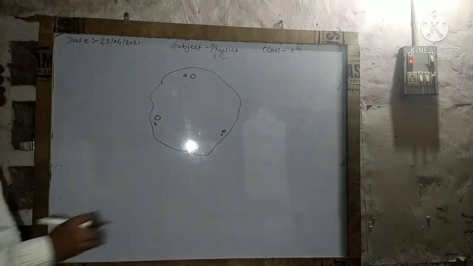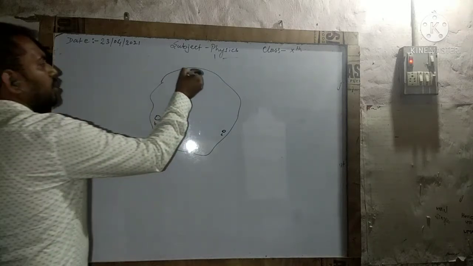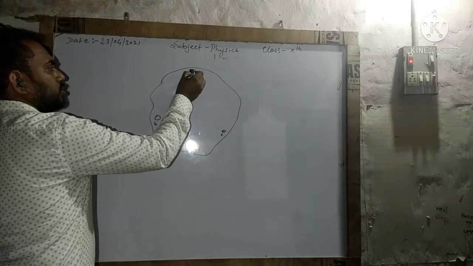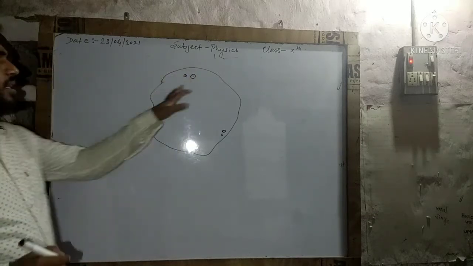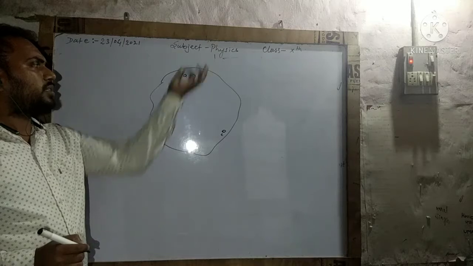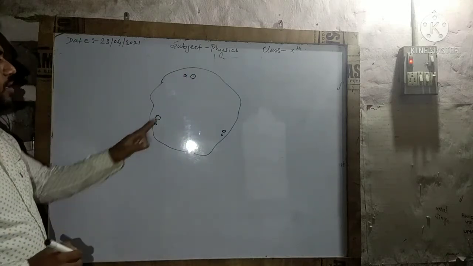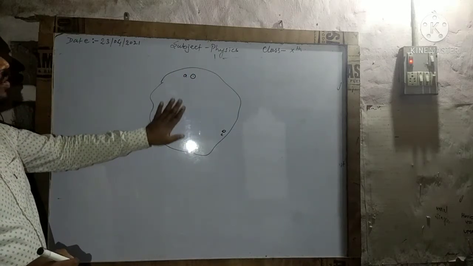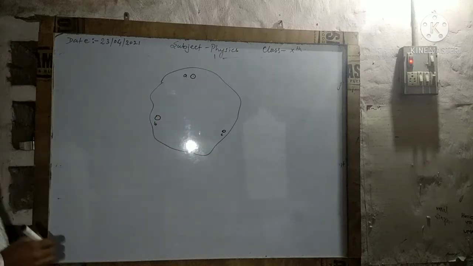Now, using a nail or anything, hang the sheet through point A and let it be free until it is stationary.